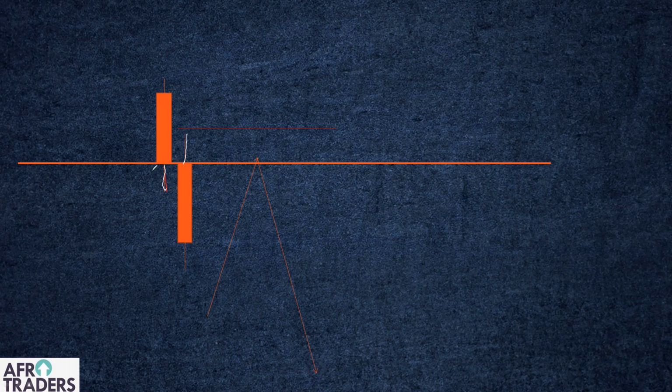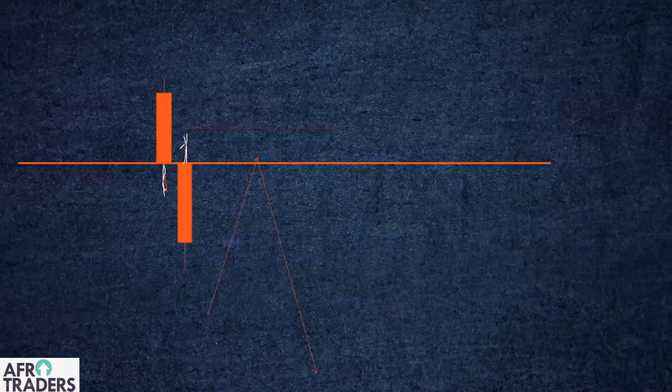This is a hidden base because on a higher time frame this is giving us two bearish candles. But on a smaller time frame, these wicks are actually bullish candles. There will be a bullish candle here. So we call it a crescent candle, or a hidden base, or double marubozu.